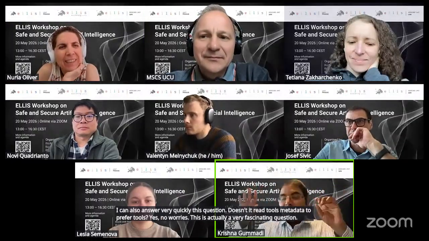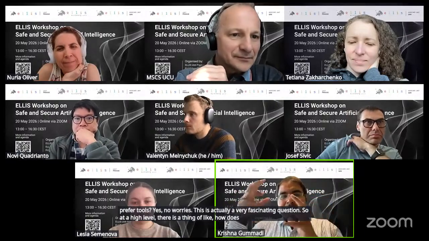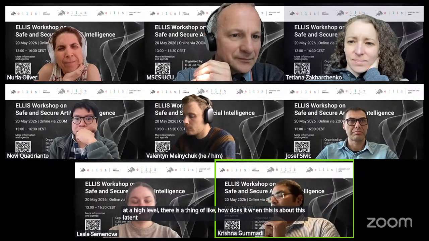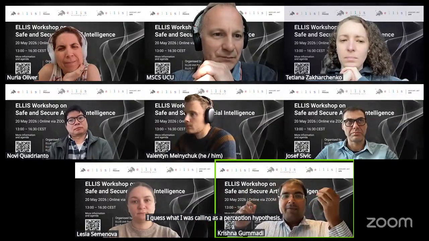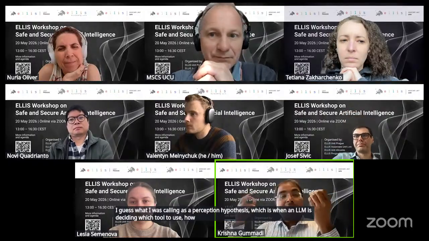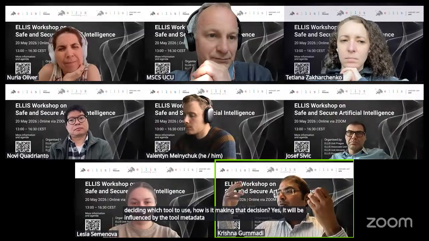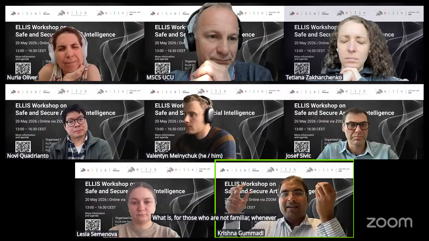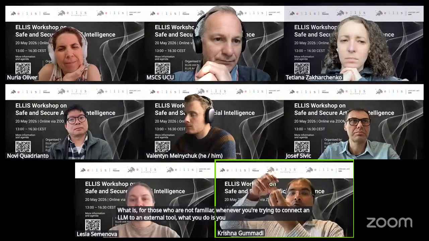So at a high level, this is about what I was calling the perception hypothesis: when an LLM is deciding which tool to use, how is it making that decision? Yes, it will be influenced by the tool metadata. For those who are not familiar, whenever you connect an LLM to an external tool, you describe how to call the tool.